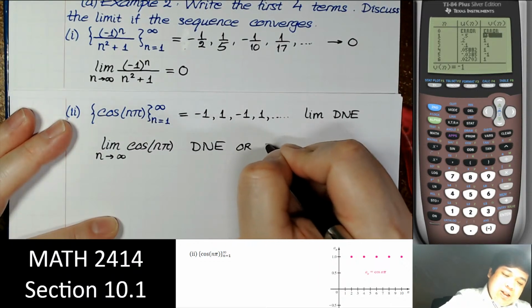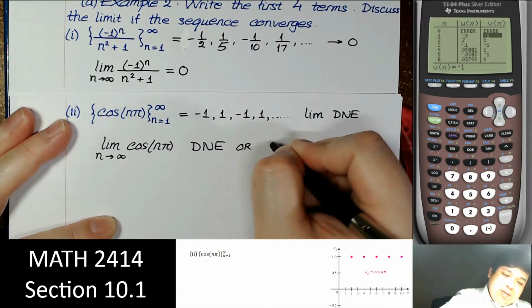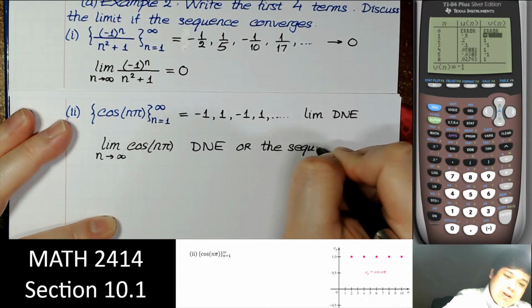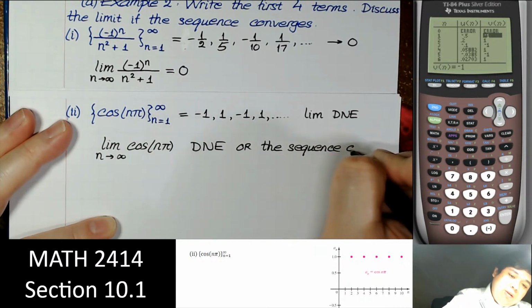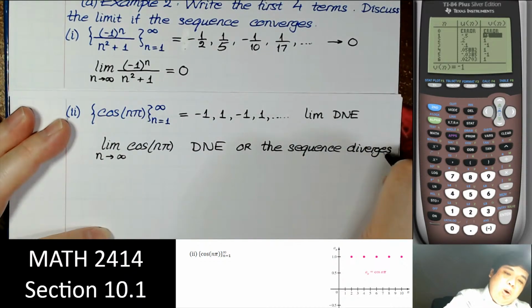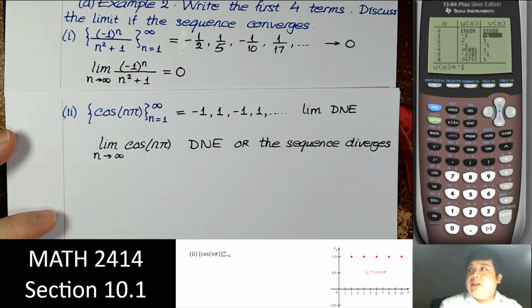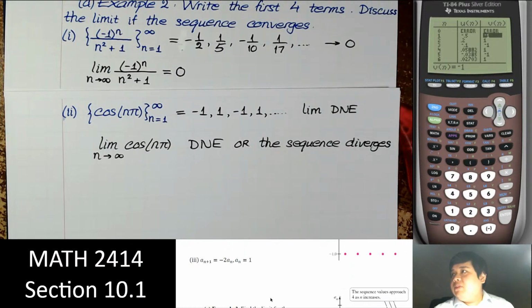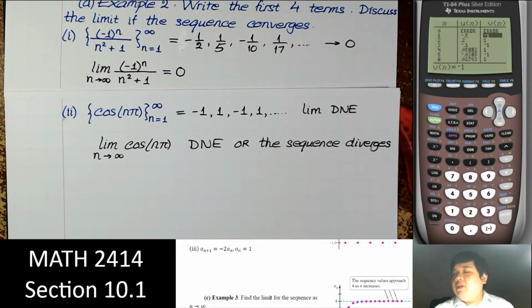Or we say the sequence diverges. Or we say the sequence is divergent. Right.